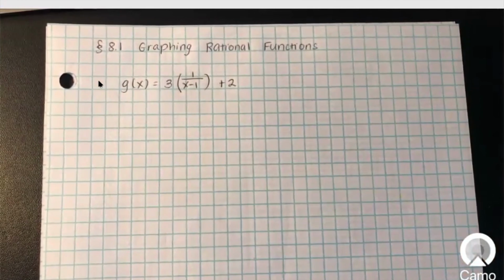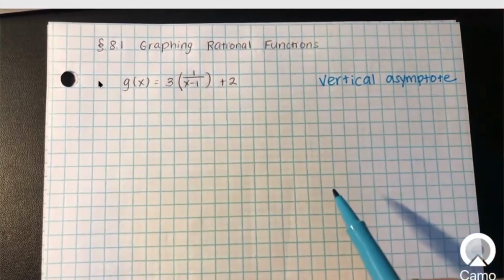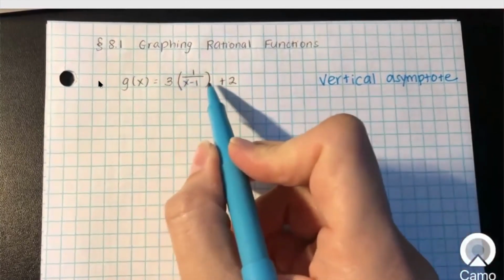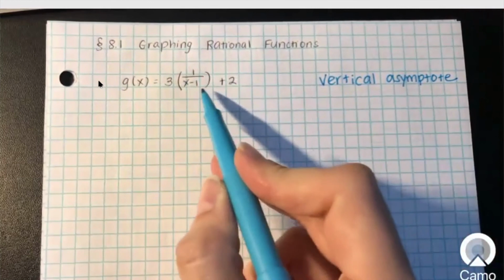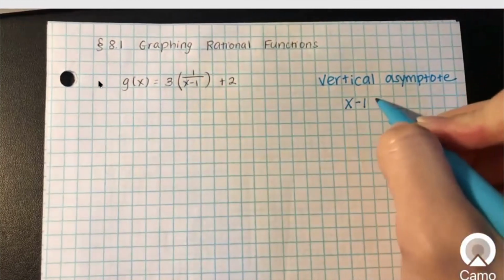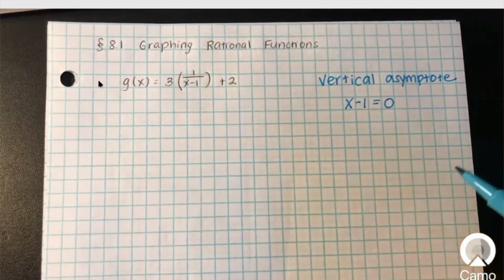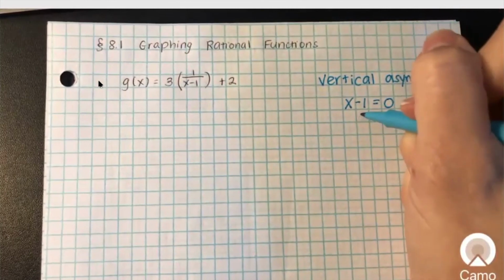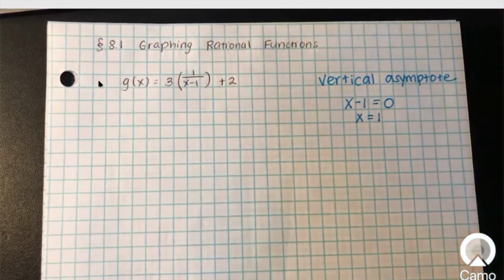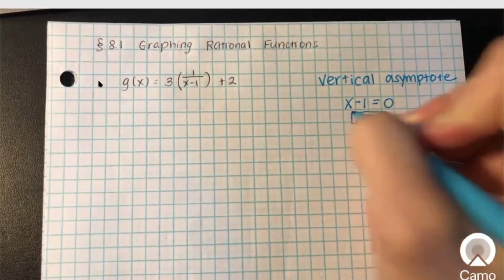We can see where the vertical asymptote is by looking at where our function will yield a 0 in the denominator. So if we take our denominator and set it equal to 0, and add 1 to both sides, we get a vertical asymptote at x equals 1.